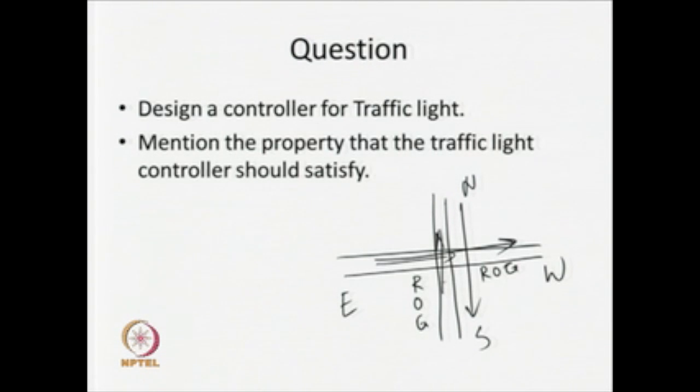Similarly, if the north south direction is red, then the east west direction may go into green. These are the specifications. Now, you have to identify those specifications, write them in CTL, and design the controller so that we can control the traffic correctly in this junction.